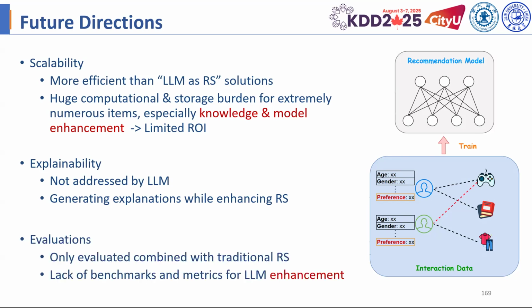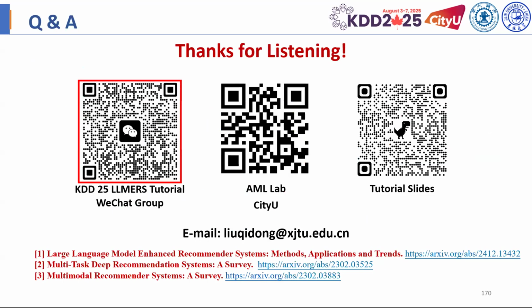Lastly, it is hard to evaluate and compare the effectiveness of LLM ERS frameworks. Current conclusions are based on the integration of LLM enhancement into traditional RS. The effect of solely LLM enhancement cannot be measured. Maybe some specific benchmarks and metrics can tackle this problem.